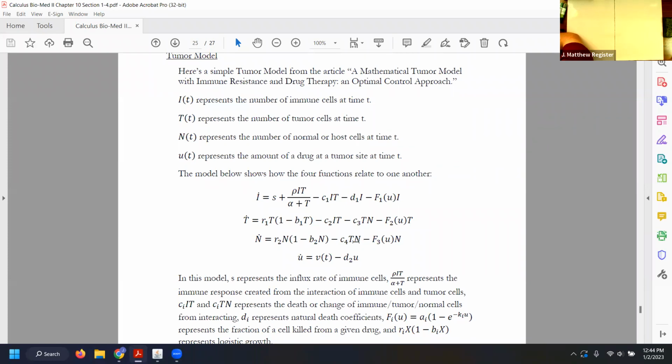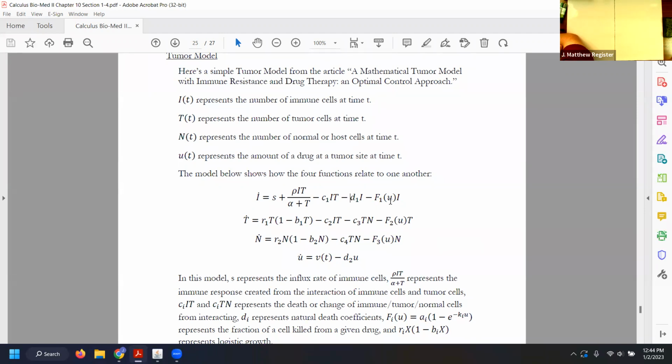Then we have C4 T N. Again, this is negative. This is corresponding to the interaction of tumor cells and normal cells. And so when tumor cells and normal cells are interacting with one another, it's going to have a negative effect on the population of normal cells. Again, competition model. And then we have this last term, and now let's talk about it.